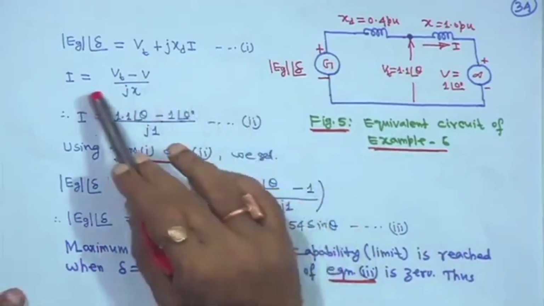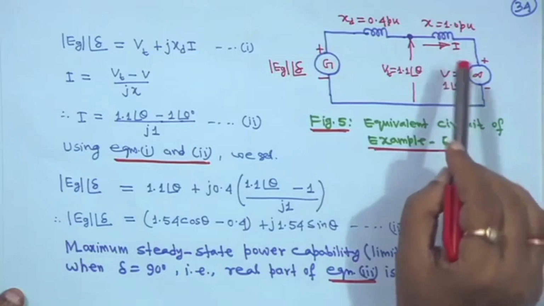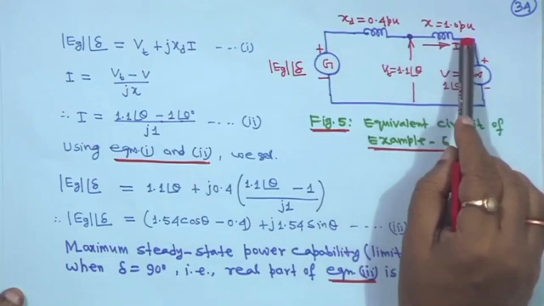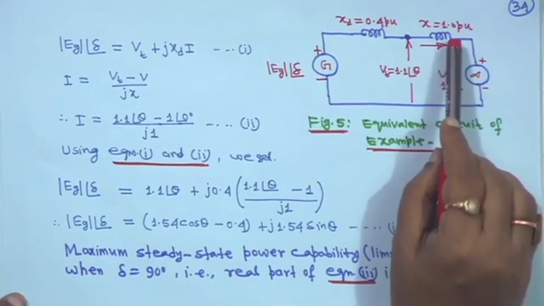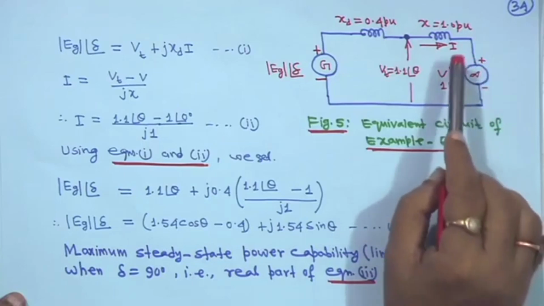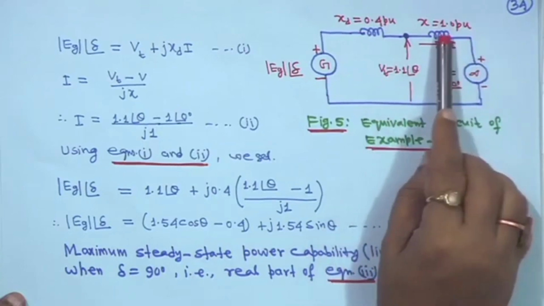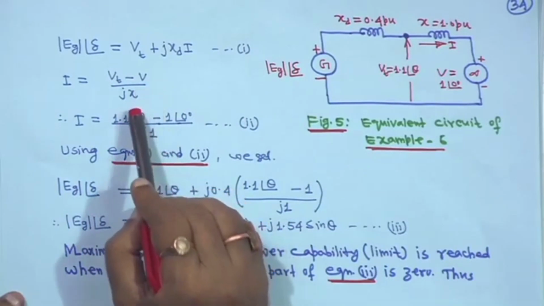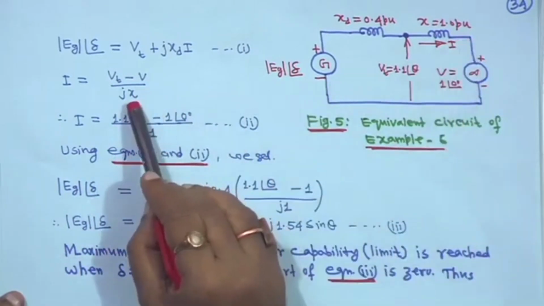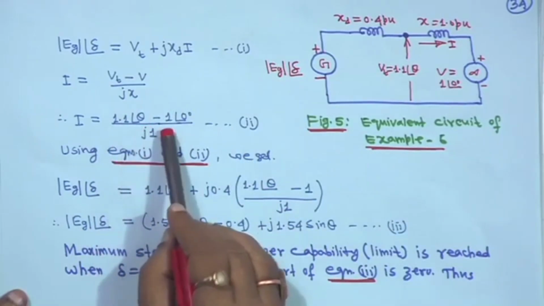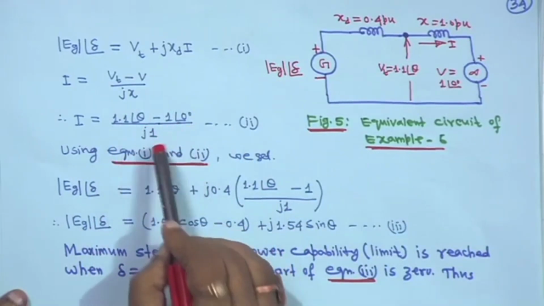Similarly, you can write I is equal to V_t minus V divided by the reactance, so j x. So, I is equal to 1.1 angle theta minus 1 angle 0 divided by j 1.